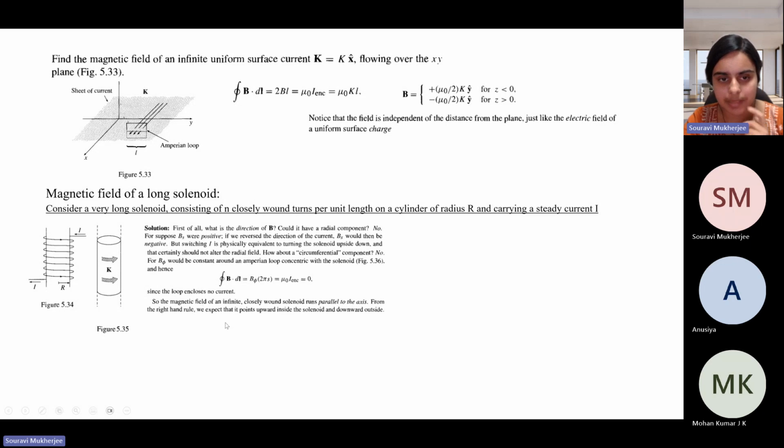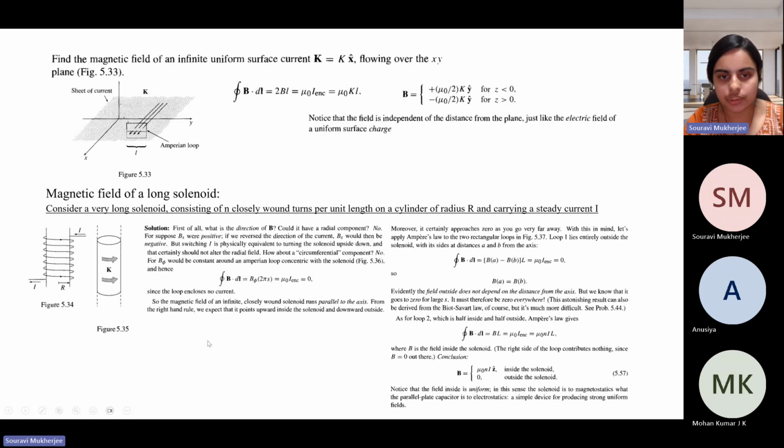So this tells you that the magnetic field for an infinite closely wound solenoid should run parallel to its axis, right? And from the right hand rule, you can think of how it should be. So it should point upward inside the solenoid and downward outside for this structure, right? Okay. And if you change the current direction, the field should get reversed.